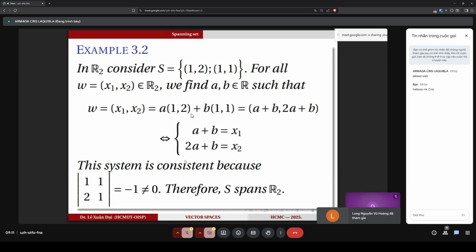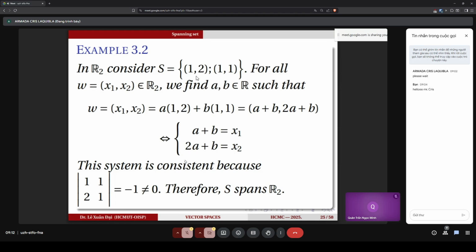So if that is (1, 0), can you use x1 there? When you multiply x1 there, wait, we cannot use x1 also, because you will multiply another variable here, b times (1, 1). Then when you add the first component, it is not x1 yet, right? So we cannot use that.